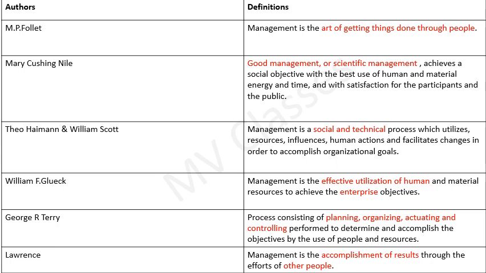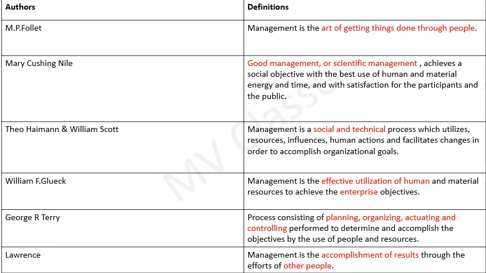So the next one is William F. Gulick. He said that management is the effective utilization of human and material resources to achieve the enterprise objective. In this definition, you can learn the effective utilization of human and material resources to fulfill the enterprise objective. Next one is George R. Terry.